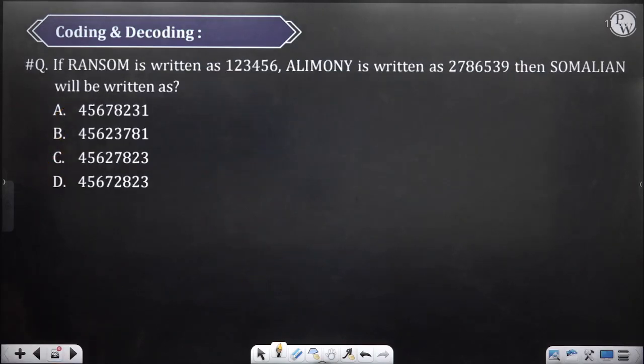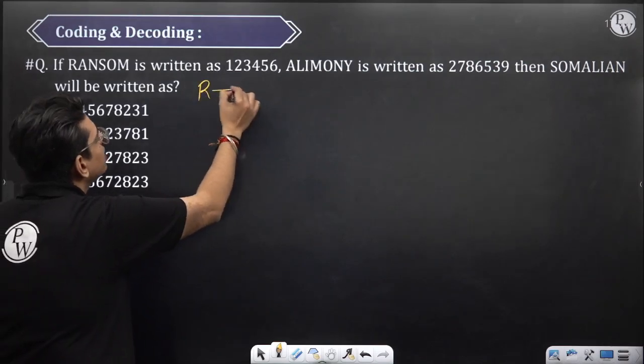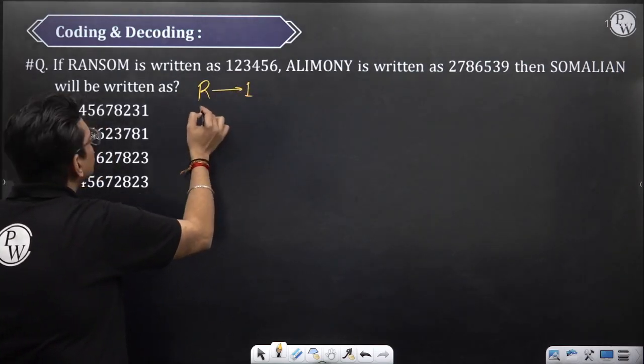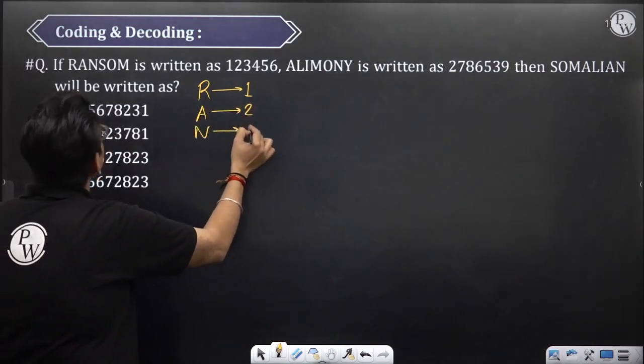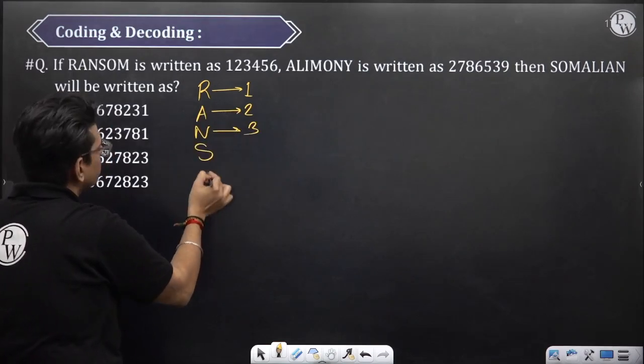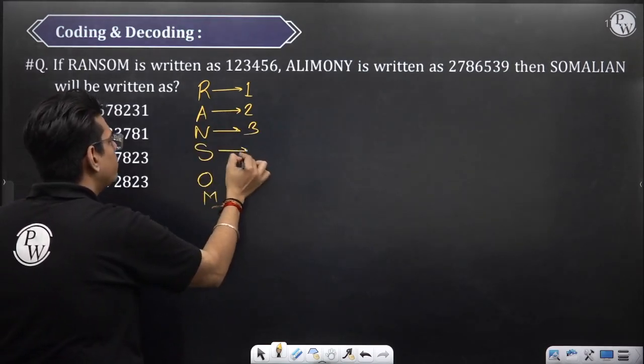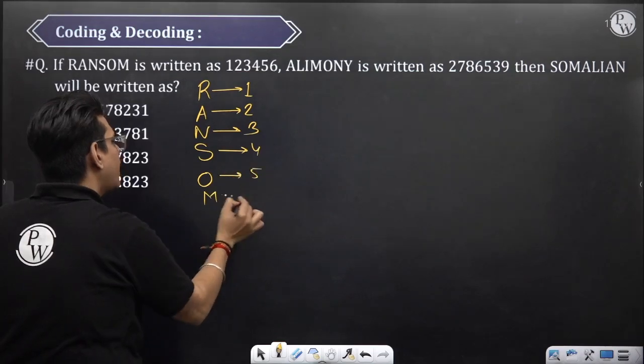Next question. So ransom is written as 1, 2, 3, 4, 5. Alimony is written as 2, 7, 8, 6, 5, 3, 9. So Somalian is written as what? From here I can see R is 1, A is 2, N is 3, and these are the values 4, 5 and 6.